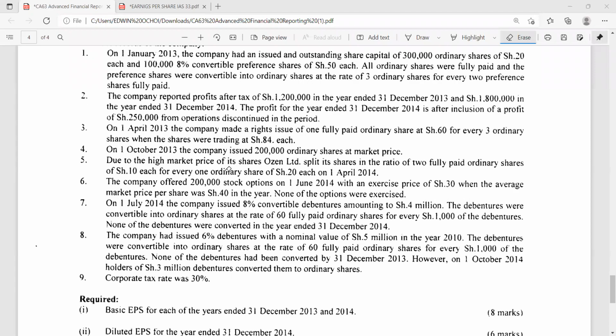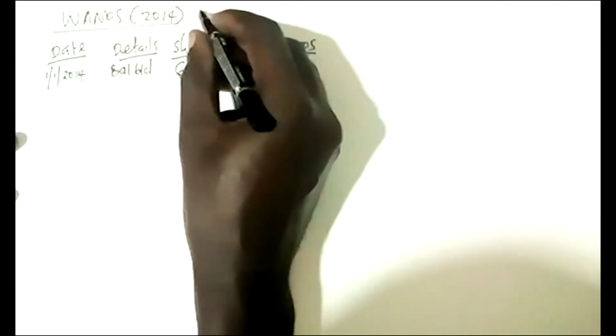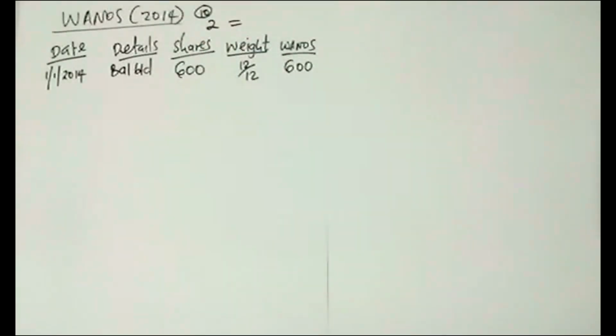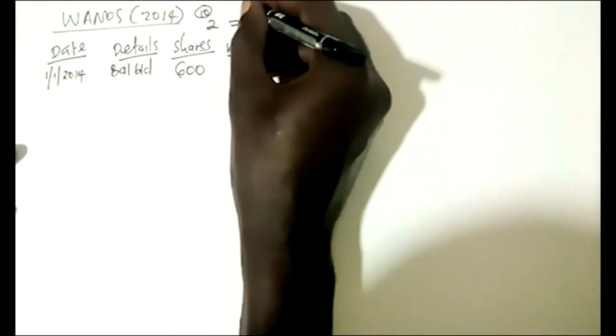Due to high market price of its shares, Ocean split its shares in the ratio of 2 fully paid ordinary shares of shillings 10 each, for every 1 ordinary share of shillings 20 on 1st April 2014. 1 ordinary share of shillings 20.